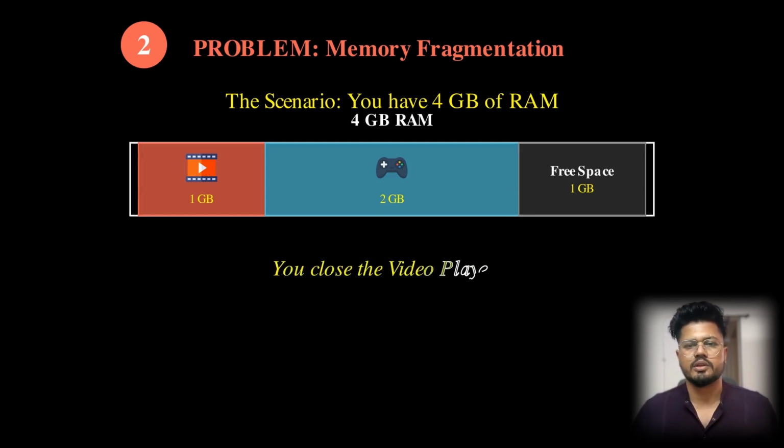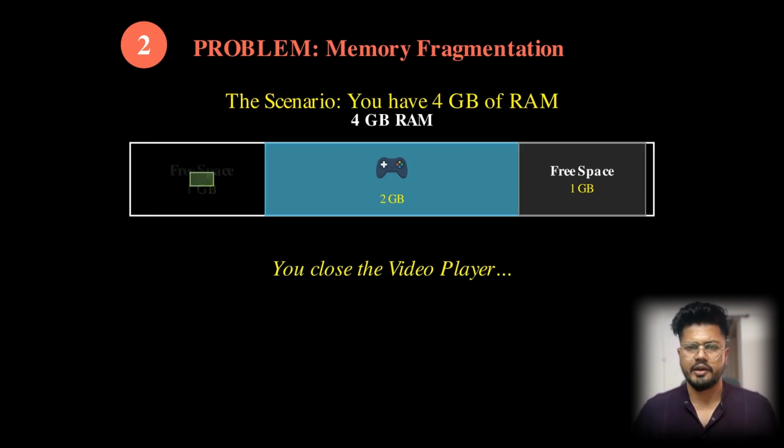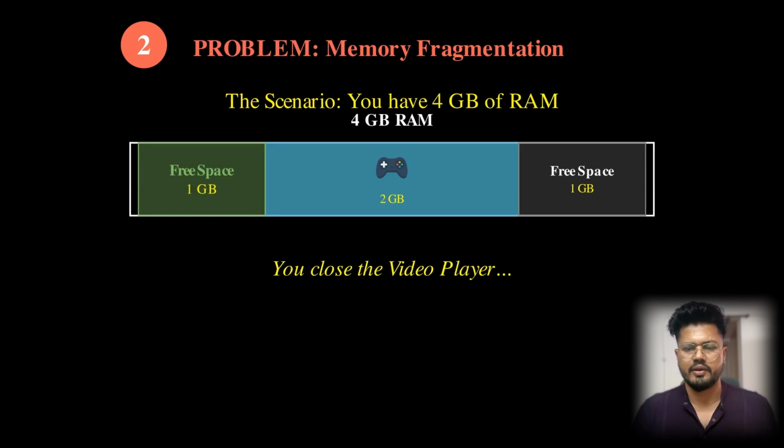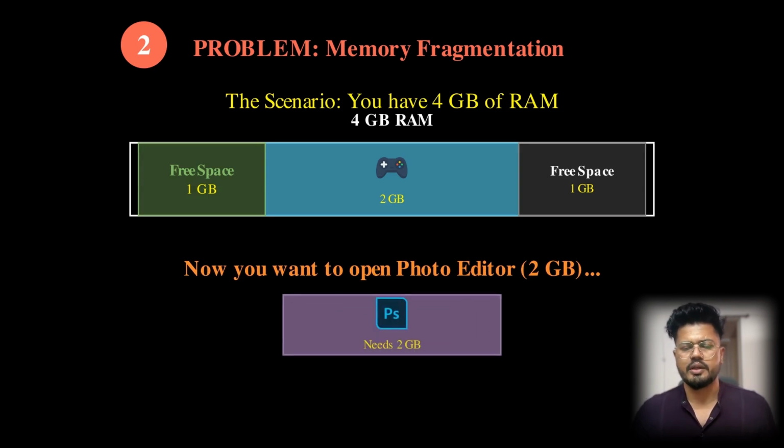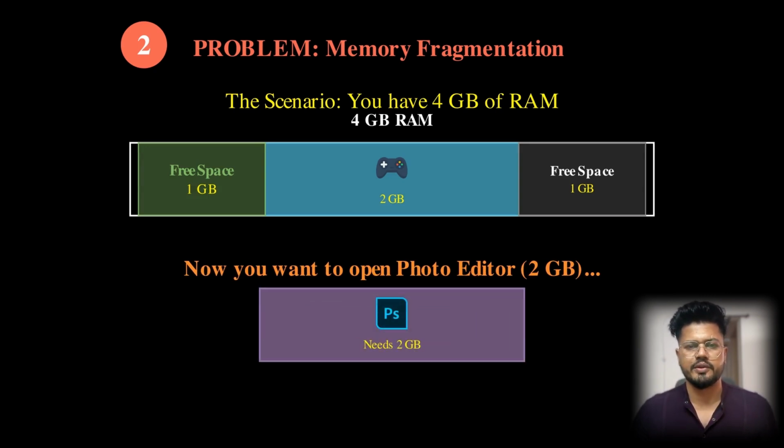The second program you are running is a game that requires 2 GB, and it acquires the part starting from the end of the first program. So a total of 3 GB is being utilized.